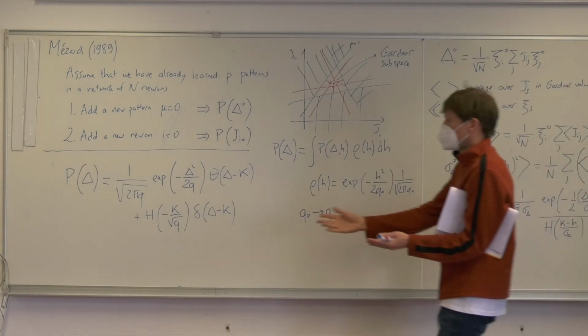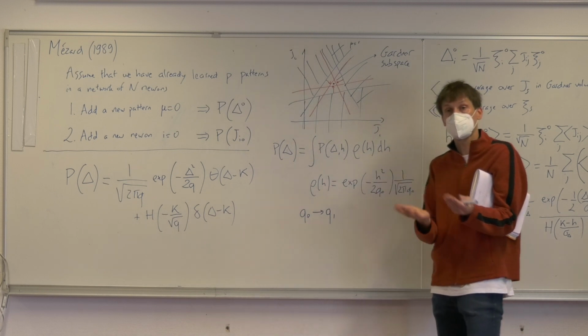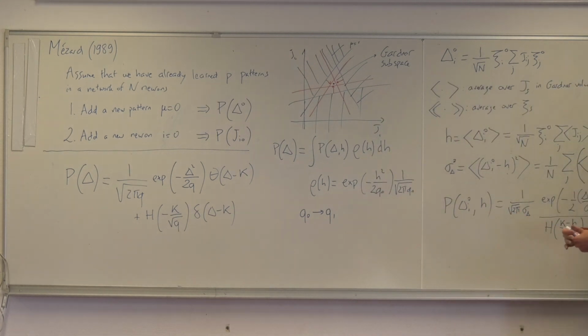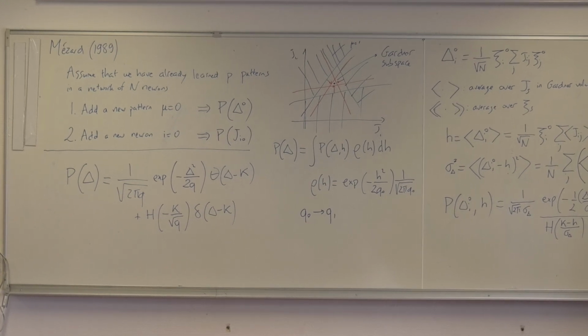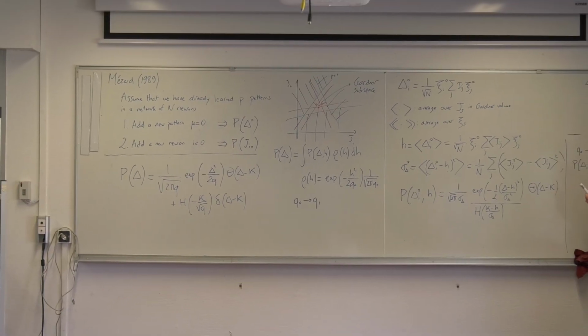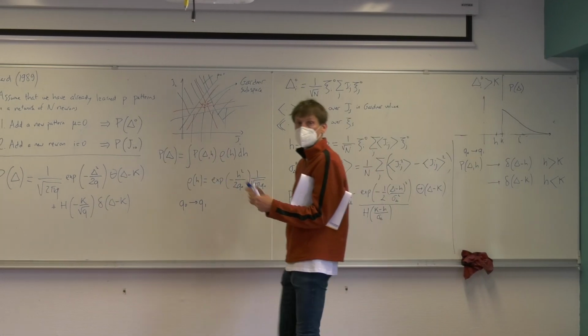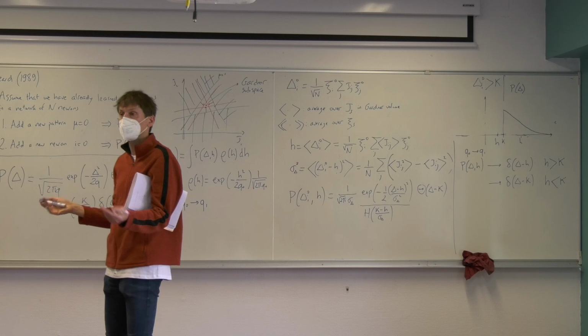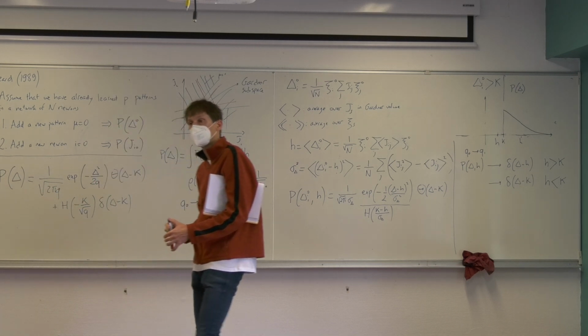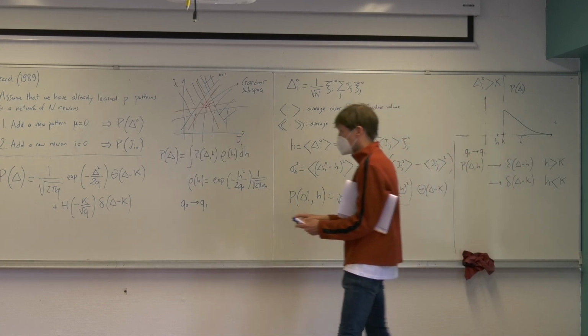You can think of it as the probability that a newly generated pattern does not already satisfy the constraint. Then you have the truncated Gaussian. So now this is P of delta. The truncated Gaussian corresponds to the patterns that, by chance, already satisfied the constraint when you generated them. So that's the interpretation of this distribution.